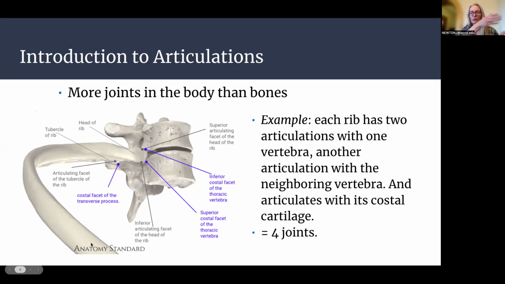This will be heading towards the front of the rib cage. So on the anterior surface where it is joining with the costal cartilage, which also then joins with the sternum at the very front. So if we include this articulation with the costal cartilage, then every single rib is forming four joints with the rest of the skeleton. So this really helps you see how there are many more joints in the body than there are individual bones.